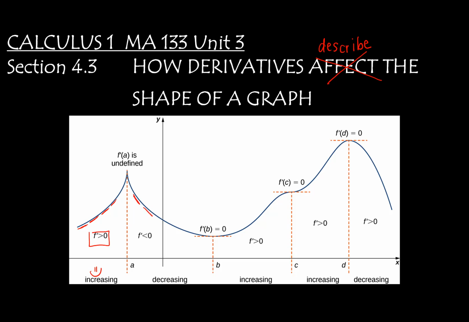If I have negative slopes of tangents, I can see that it is negative or decreasing. Here I have a horizontal tangent. That means that my derivative is equal to 0, and so on and so forth. So we're going to look at all the different ways that the shape of a graph can be described using derivatives.